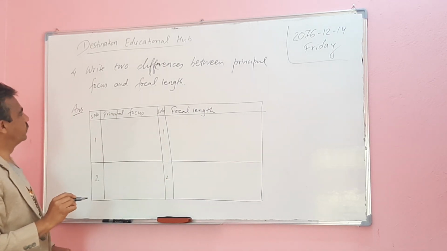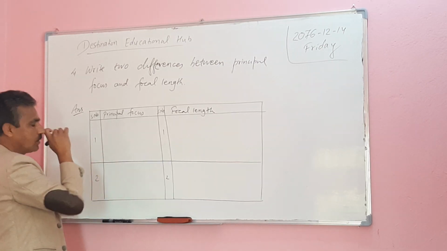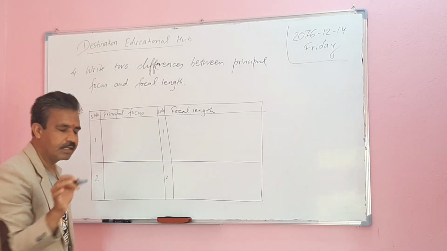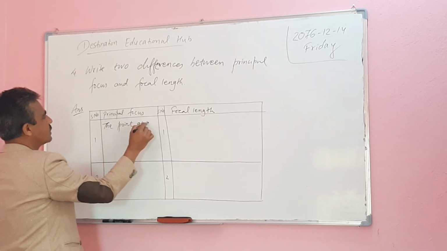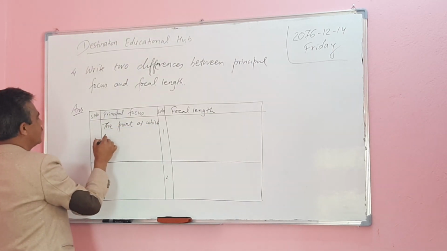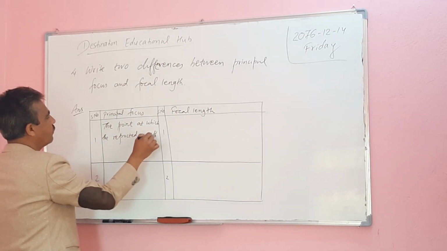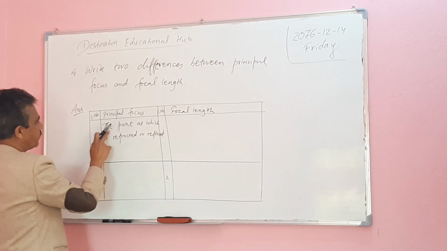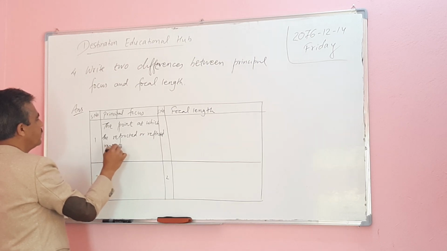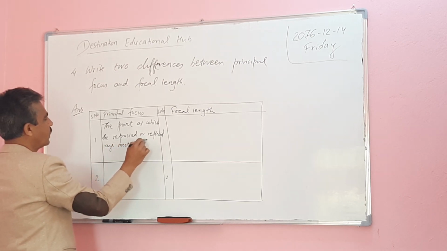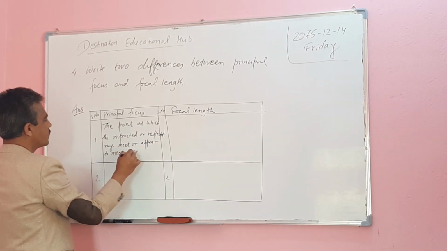First of all, we write a definition of it. What is principal focus? Do you know what is principal focus? It's simple. The point at which the refracted or reflected rays meet or appear to meet is called what?